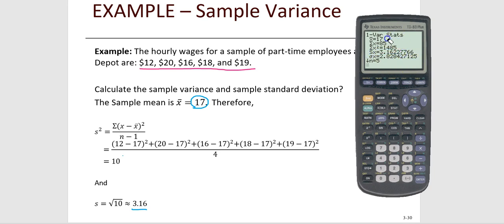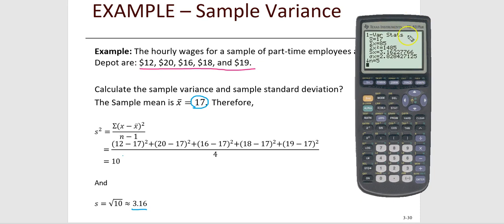It also gives us the population standard deviation. That would be where we would divide by 5 right here instead of 4, but we don't want that because this is coming from a sample. And so there you go.